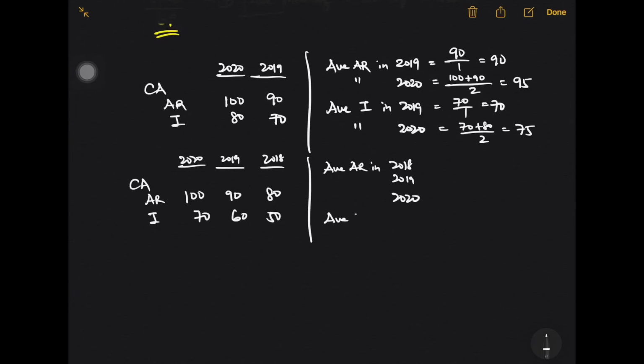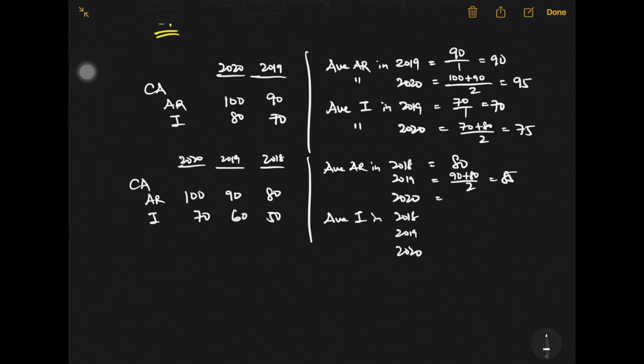Average inventory in 2018, 2019, 2020. For 2018, it's the same. Again, if you are in 2018, you don't have the data yet for 2019 and 2020. So this is 80. Next, for 2019, you have 2-year data. 90 plus 80 divided by 2. So this is 85.